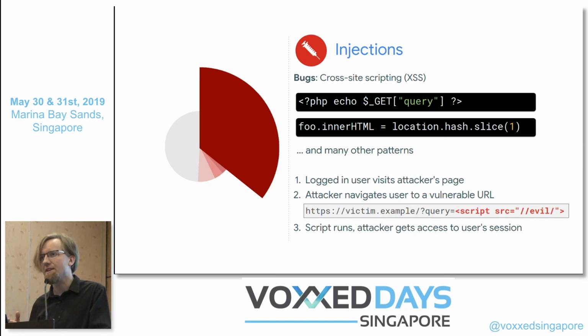If the user has given your application permissions to anything like geolocation or anything else, the attacker will get access to that as well. And essentially the attacker will be able to act as your application and read or modify all of the data that the user has in your app. And that's kind of bad because these issues are very easy to introduce as a developer, but also very damaging. So this is the first class of bugs that we see.